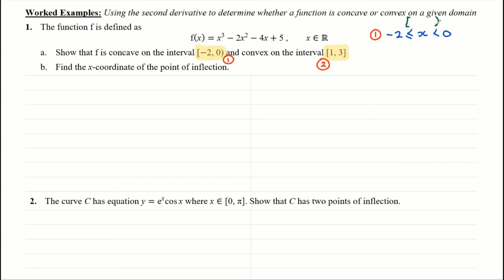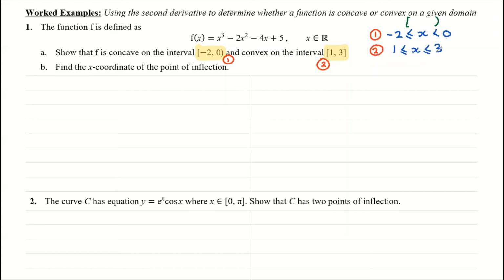So similarly for interval 2, we've got 2 straight brackets here. So this means that 1 and 3 are included on that interval. So this means that the interval described there is going to be x between 1 and 3 included.